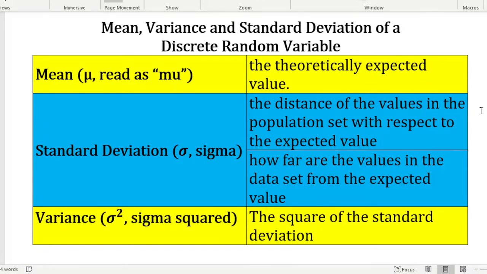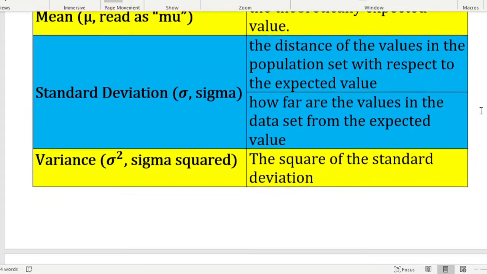It answers the question: how far are the values in the data set from the expected value? On the other hand, a variance, which is denoted by sigma squared, is simply the square of the standard deviation. As we go on, you will understand these concepts more.